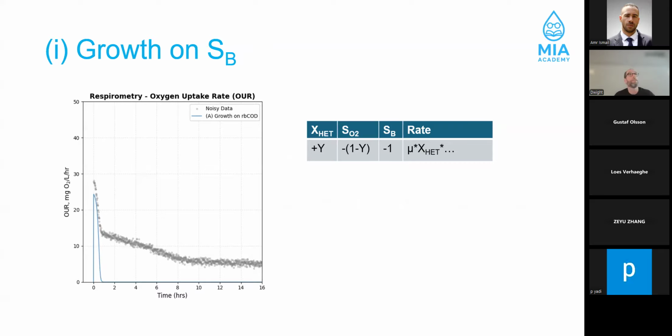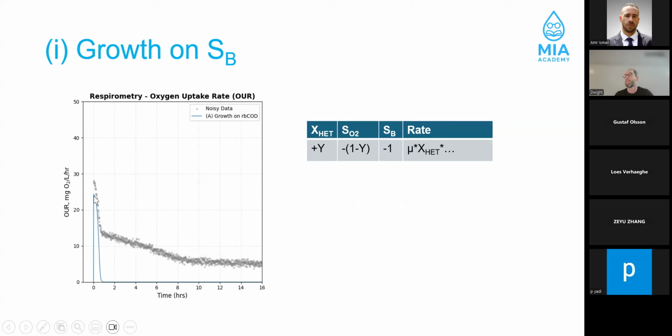And so here is the simplest possible process model that we could have, where we model kinetics. So we have a rate expression of utilizing substrate SB with oxygen, because it's an aerated system, to produce Y units of heterotrophic organisms. And we can run that as a mathematical model for our system, and we can see that in effect, we get a big spike initially of oxygen utilization rate at the beginning of the test.